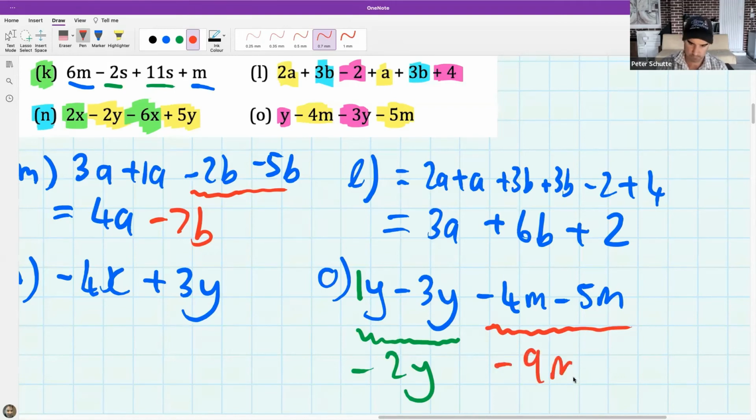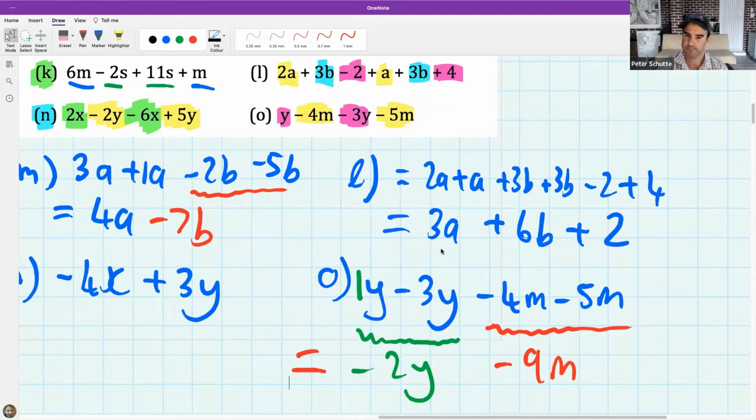Perfect. Because can you see, you took away 4M and then you took away 5M. If you lost 4 Maseratis and you took away 5 more Maseratis, you've lost 9 in total. And yes, so the final expression is negative 2Y minus 9M. And that looks a lot simpler than what you started with. And yet it is exactly equivalent to the original. It's just been simplified.